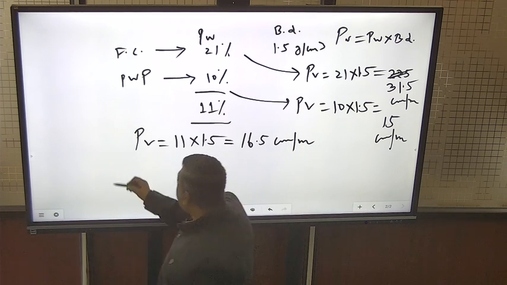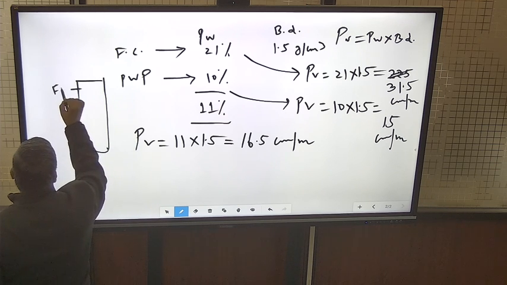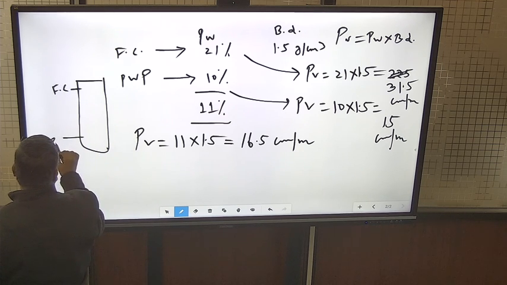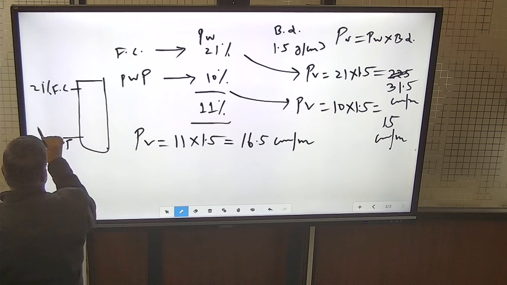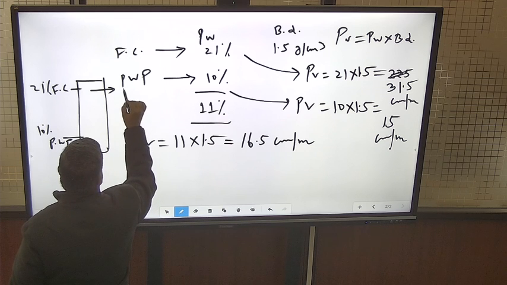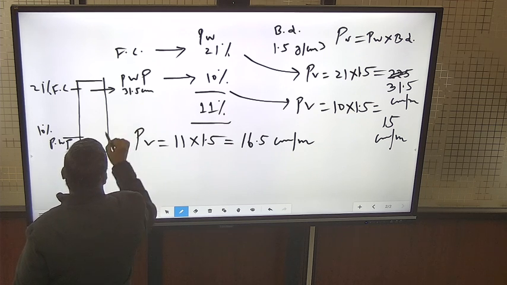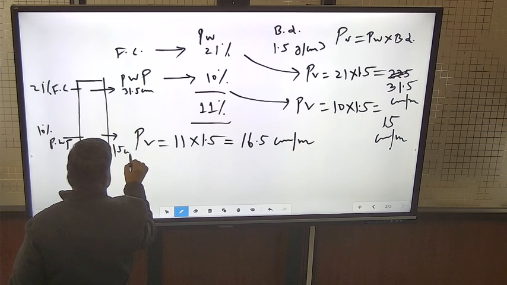And if we look at it this way, this is the soil column. Here is field capacity, and this is the permanent wilting point. It is 21% moisture, it is 10% moisture. So here it is 31.5 centimeter per meter, here it is 15 centimeter.